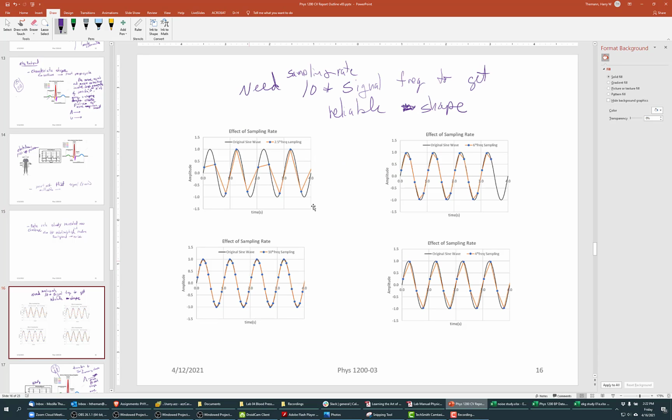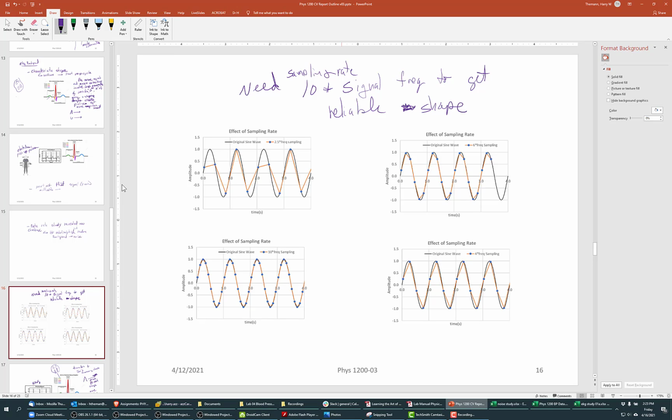So a nicer way to look at data rate, I just made these up, and it looks better than what's in the lab manual. In fact, I'm going to add these to the lab manual. So I have some sine wave, and that's the black trace, and these are in no particular order.